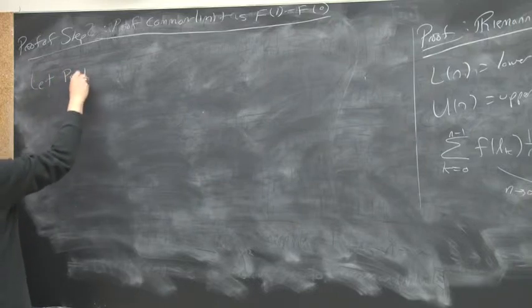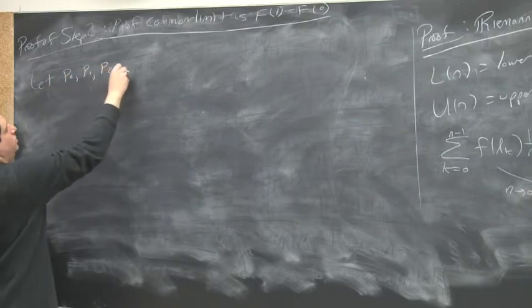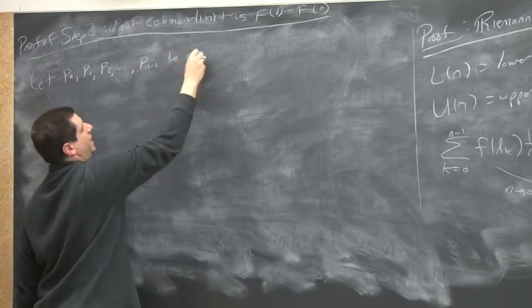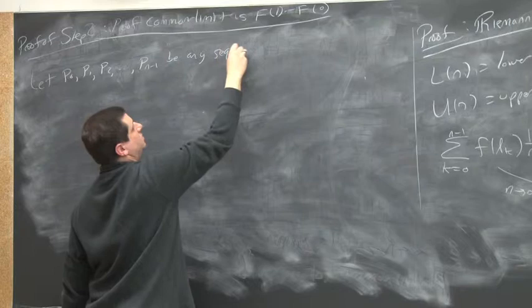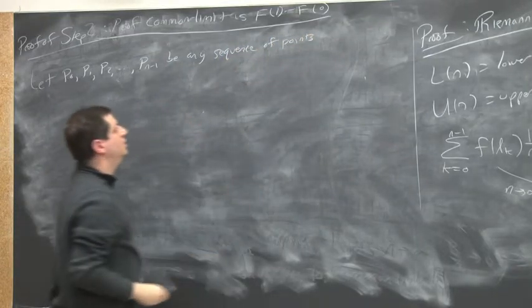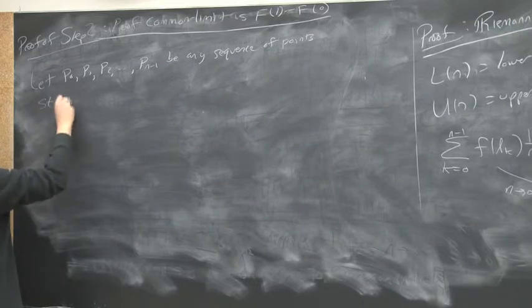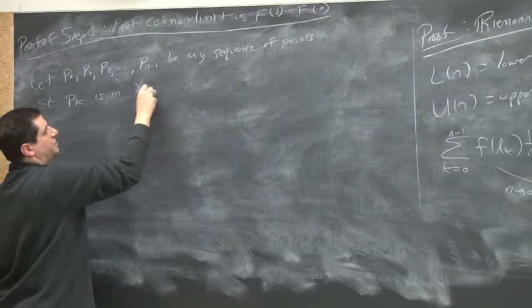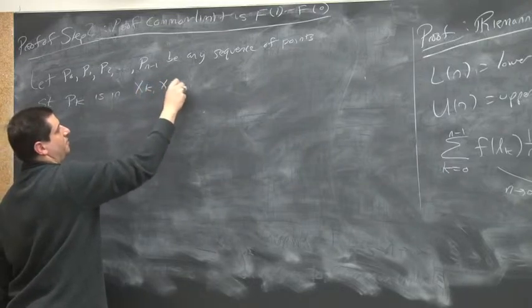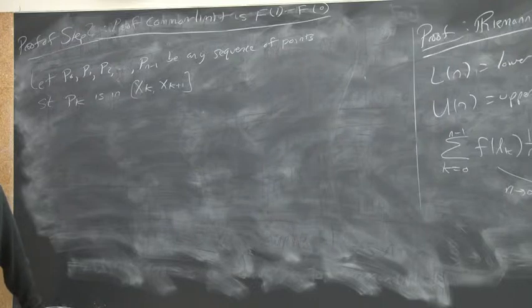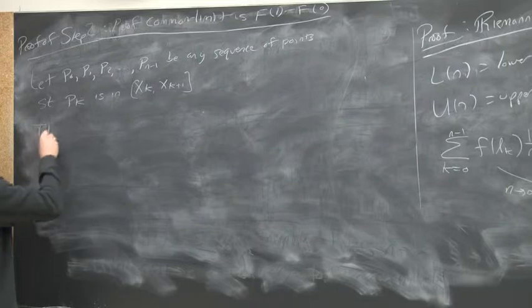Let P_0, P_1, P_2, up to P_{n-1} be any sequence of points such that P_k is in the interval [x_k, x_{k+1}]. You get to take any point you want, okay? Then the following is true.